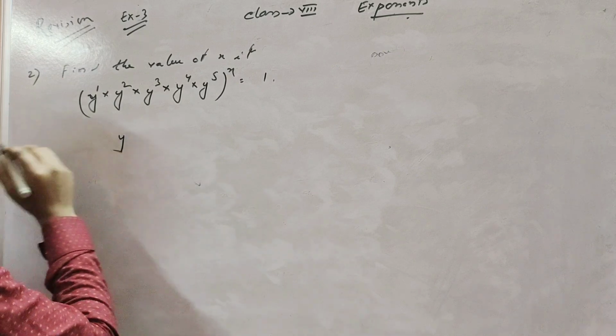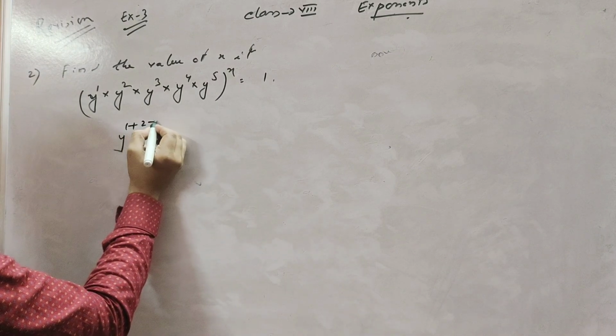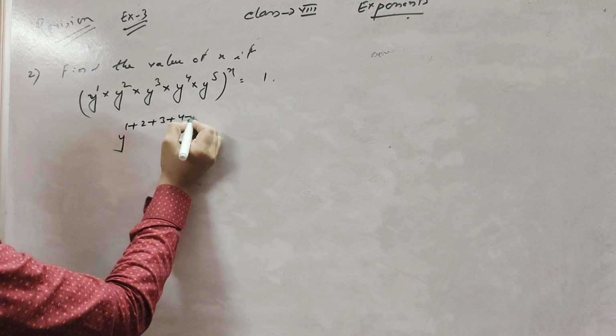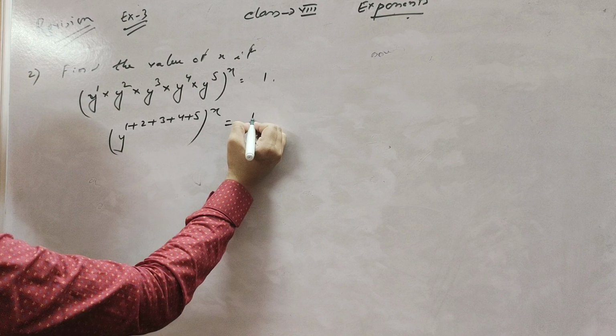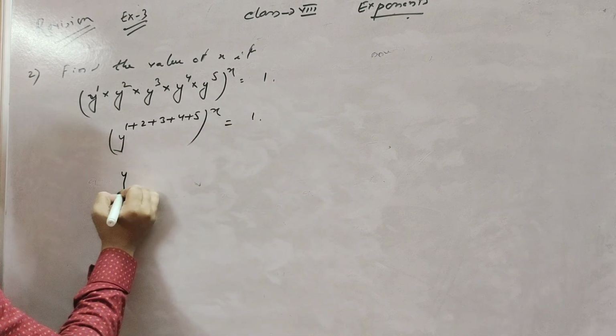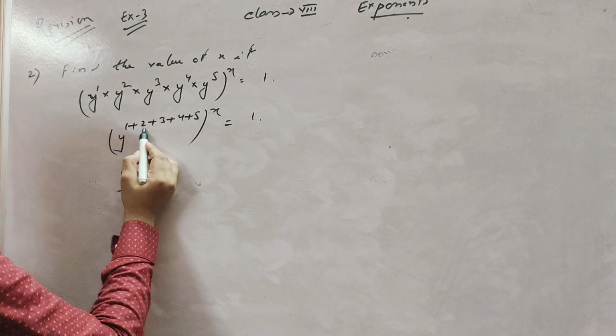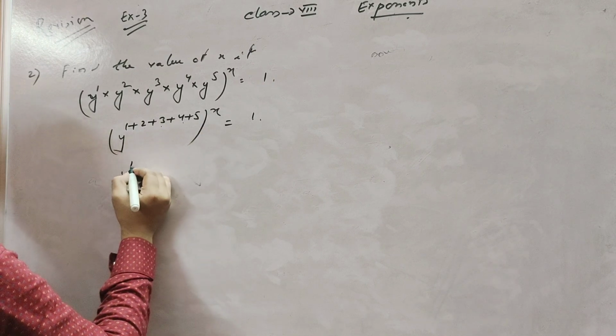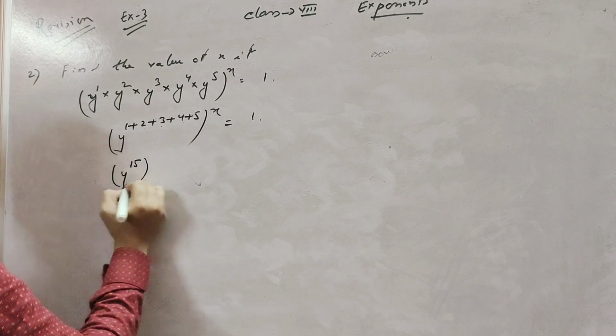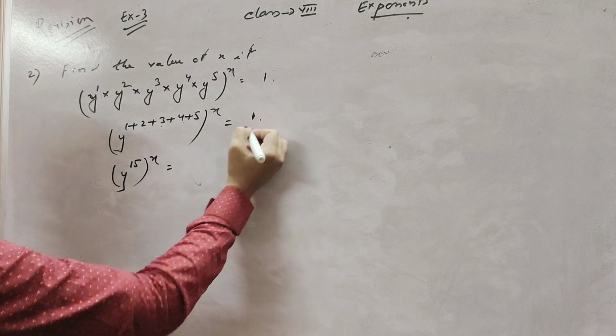The first formula: y to the power 1 plus 2 plus 3 plus 4 plus 5, whole to the power x, equals 1. So 1 plus 2 is 3, 3 plus 3 is 6, 6 plus 4 is 10, 10 plus 5 is 15, to the power x. Here 1 is given.